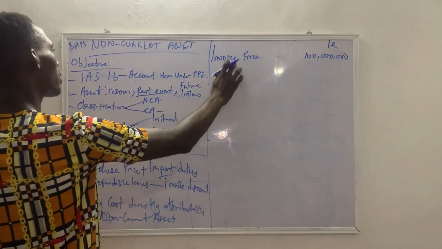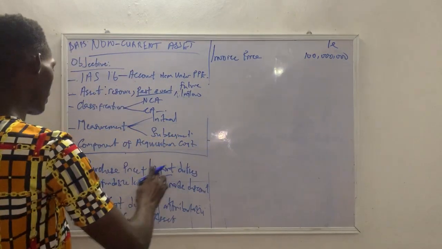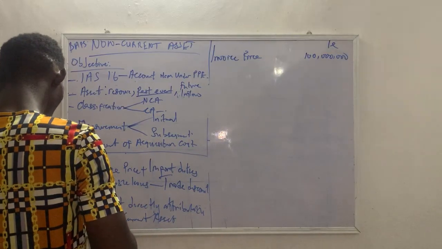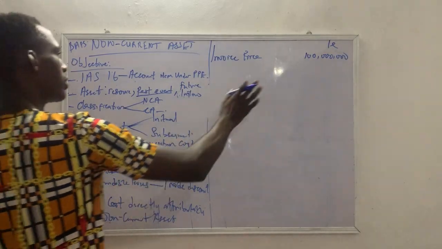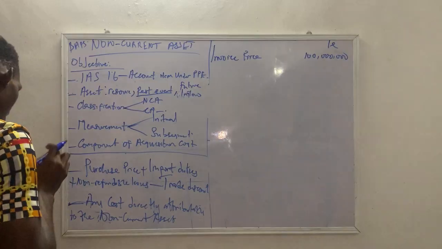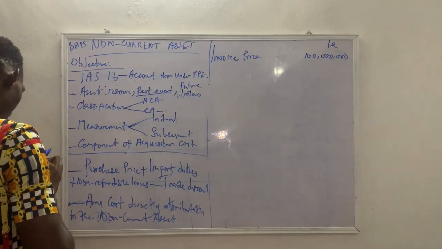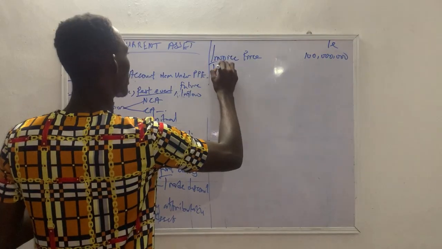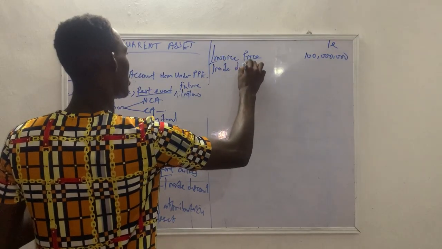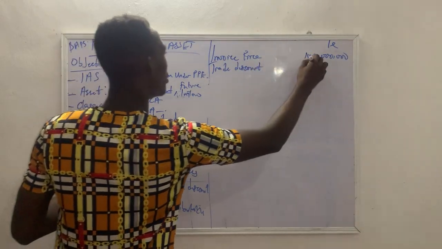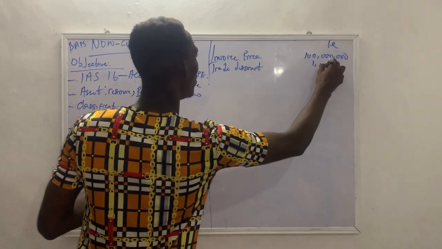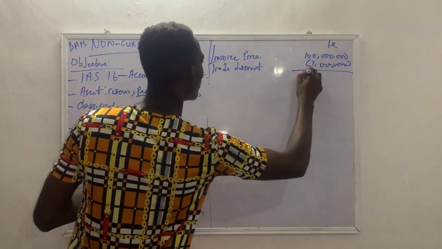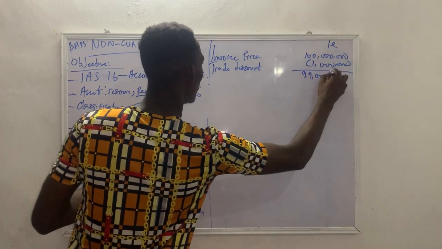Immediately we get the price, is there any import duties and non-refundable levies here? No, there's nothing of such. So this will remain. But there's a trade discount. They give us a trade discount of 1 million. So we'll deduct the trade discount. This will give us 99 million.